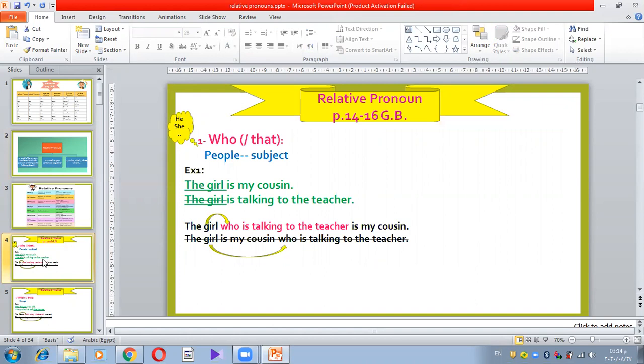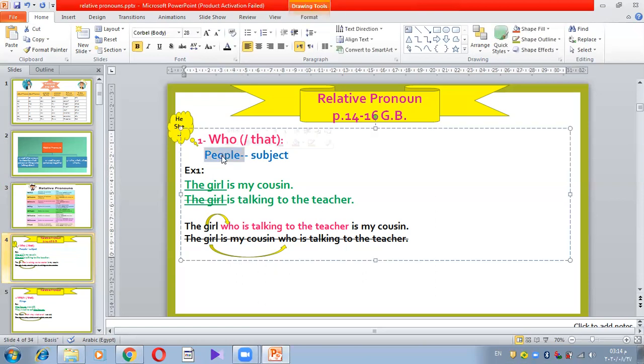Okay, I want you to look at these 2 sentences. Is there something that is repeated in both of these sentences? What's repeated? The words, the girl. Very good. So the girl here is considered as people or not? Yes, people.